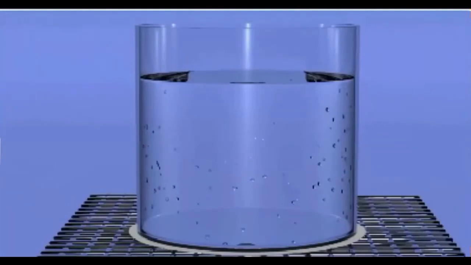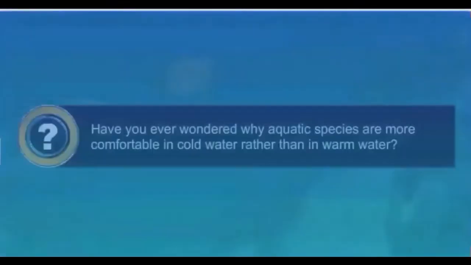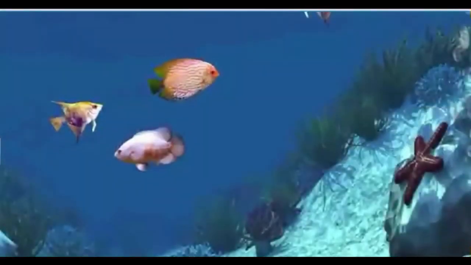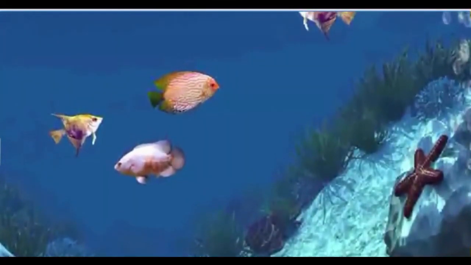It is interesting to note that hot water tastes flat because the oxygen in it has been expelled by heating. Have you ever wondered why aquatic species are more comfortable in cold water rather than in warm water? This is because the solubility of oxygen is more at low temperatures.